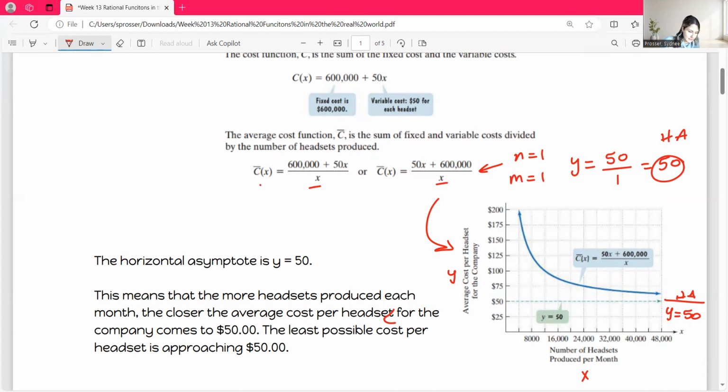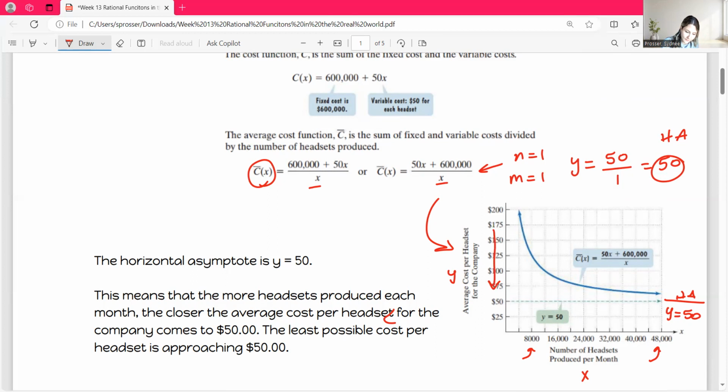The y is the C of x, our average cost per headset. So notice this means that the more headsets produced each month, it could be 8,000, it could be 48,000, as that gets increased, the average cost per headset for the company decreases, coming closer to $50.